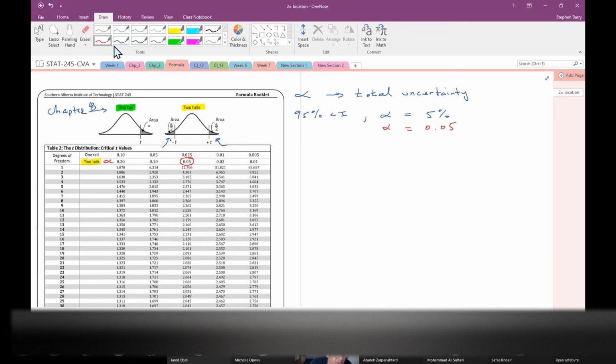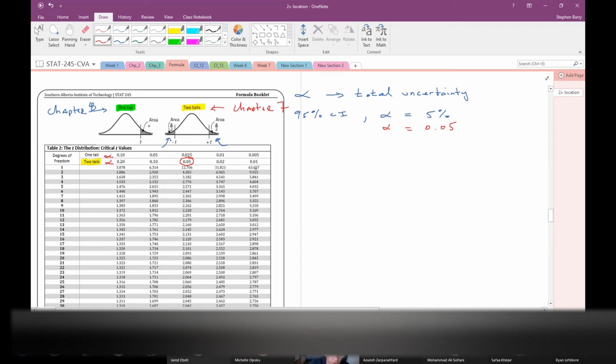But for now, let's just focus on two tails for confidence intervals. So always put your alpha value. Both of these are alphas. Hopefully that makes some sense. Okay, so two tails because it's confidence, and this is a 95% confidence.